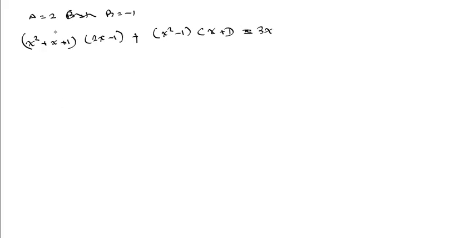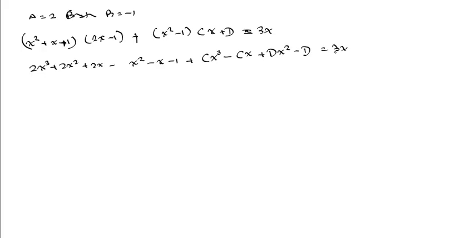Now open brackets: 2x to the power 3 plus 2x squared plus 2x minus x squared minus x minus 1 plus cx to the power 3 minus cx plus dx squared minus d.